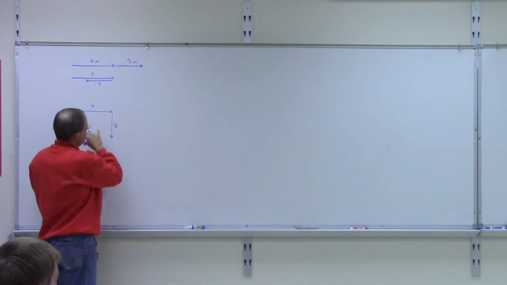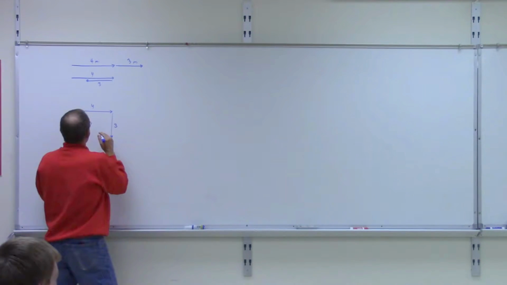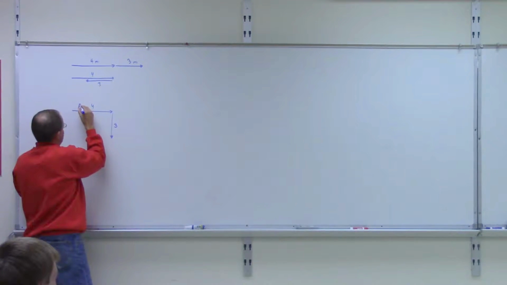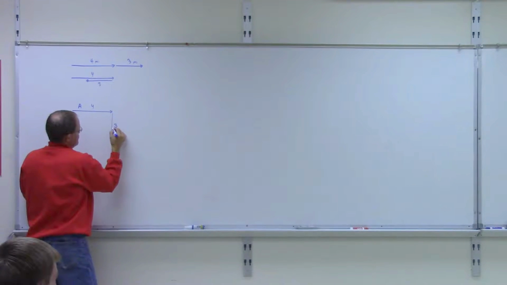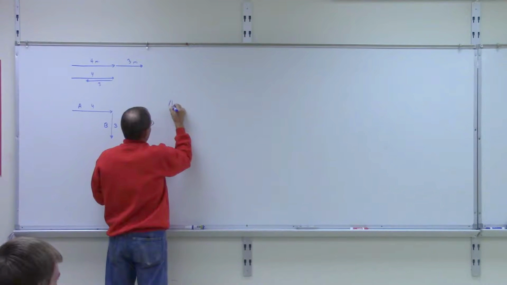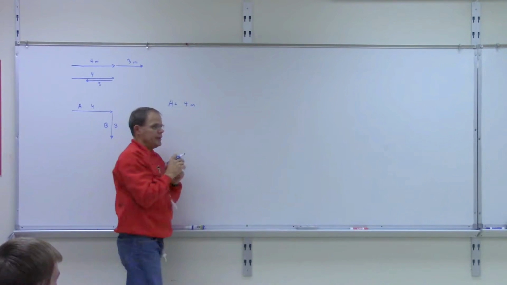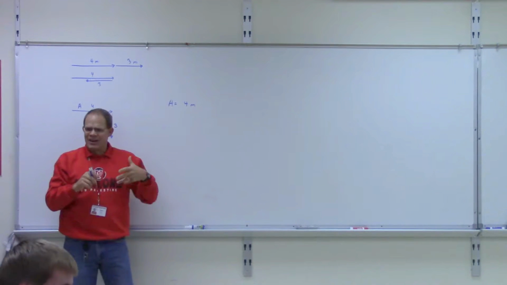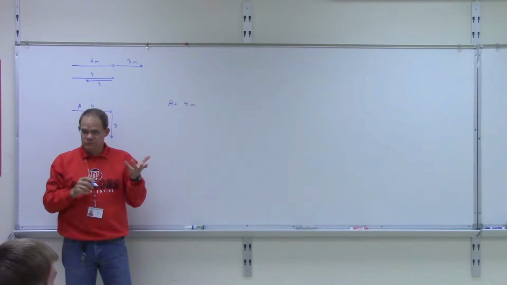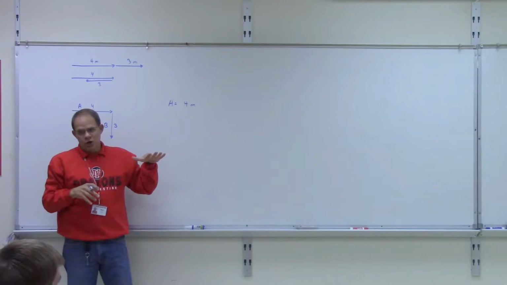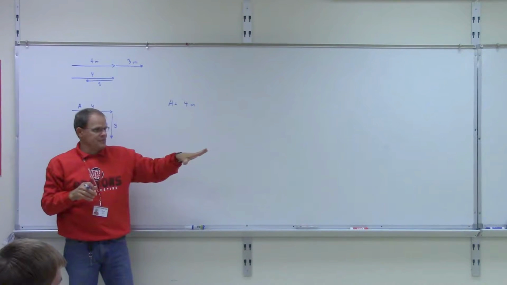So, in this example here, I might call this vector A, and I might call this vector B. And so A would be 4 meters long, but because direction matters, I've got to tell you which way it's going. So far this year, we specify direction by either positive or negative.